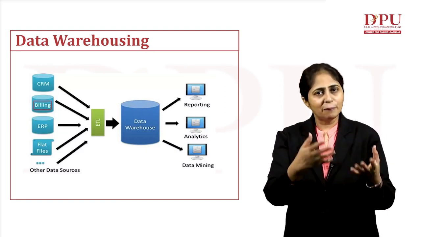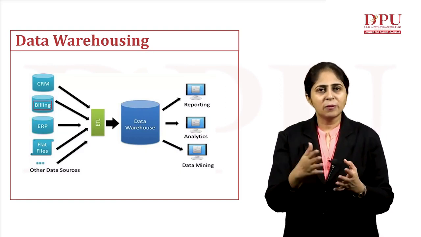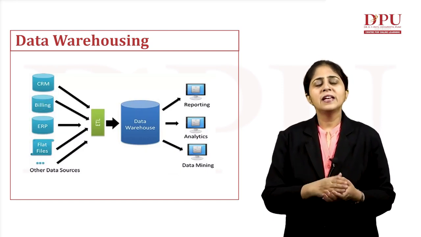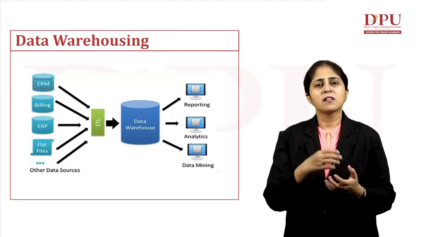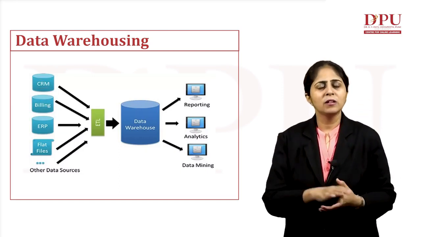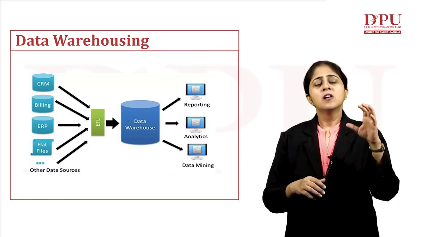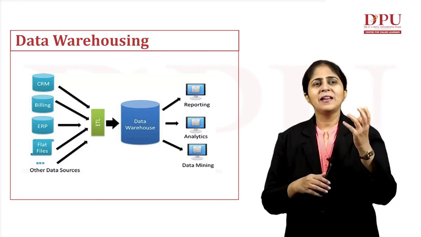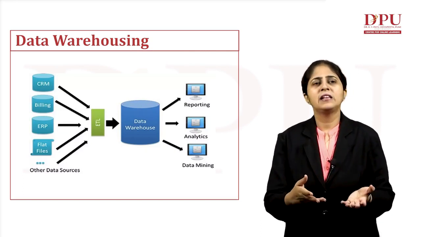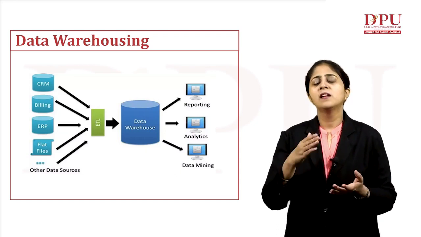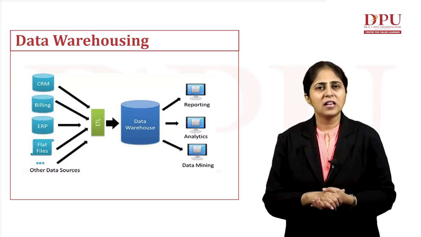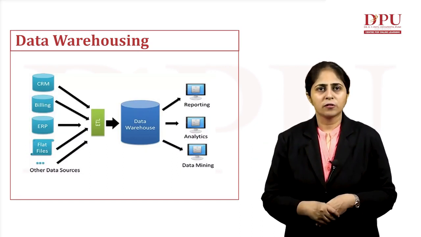They can be the billing part, whatever billing takes place in the organization. It can be the CRM, that is customer relationship management. We will talk about CRM and ERP in detail later in this unit. So the data source can be any application: flat files, any databases, ERP, CRM, billing, any number of applications can act as a data source for this data warehouse.